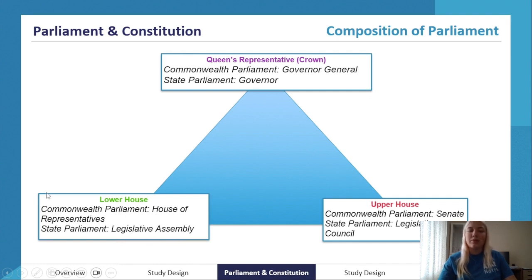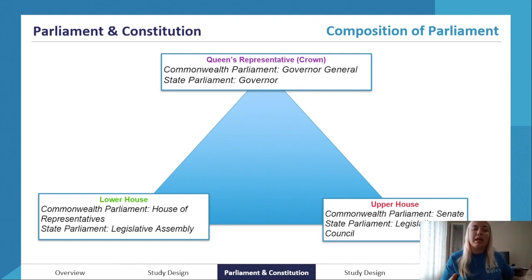The lower house is referred to as the House of Government. This is basically the party that has the majority of seats in this house, so the party that has the most members of that political party when they get elected, they form government.